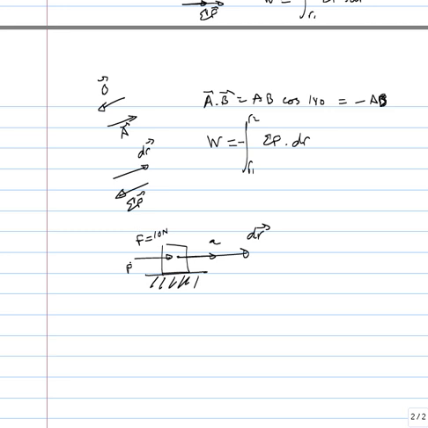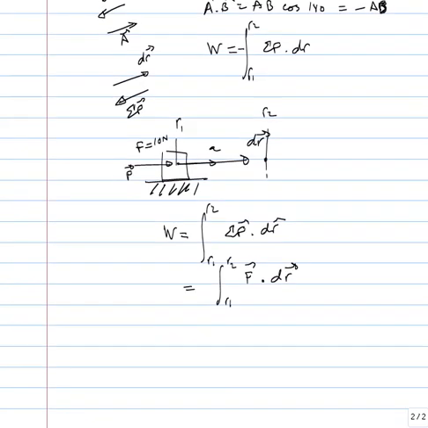Since vector F is also towards the right, the work done by F on the system will be, if this is position R1 and we're going to move this object all the way up to position R2, in this case the sum of the forces reduces to my force F, which I need to take the dot product with dr. Now since F is in exactly the same direction and parallel to dr, then the dot product will give us automatically the product of each of their magnitudes.